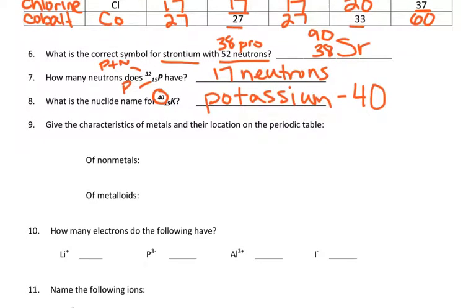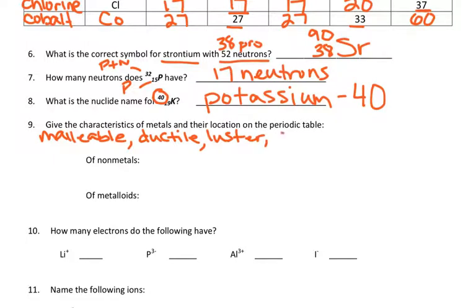Okay, characteristics of metals and their location on our periodic table. So this first section is all about metals. They are going to be malleable, which means that we can hammer them into a thin sheet. They are going to be ductile, which means we can stretch them out into a thin wire. They're going to have luster, they're going to be shiny.